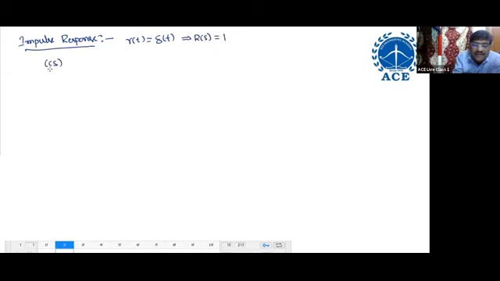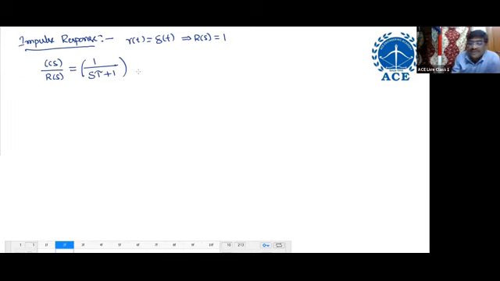What is C of s by R of s? C of s by R of s equals 1 by S tau plus 1.